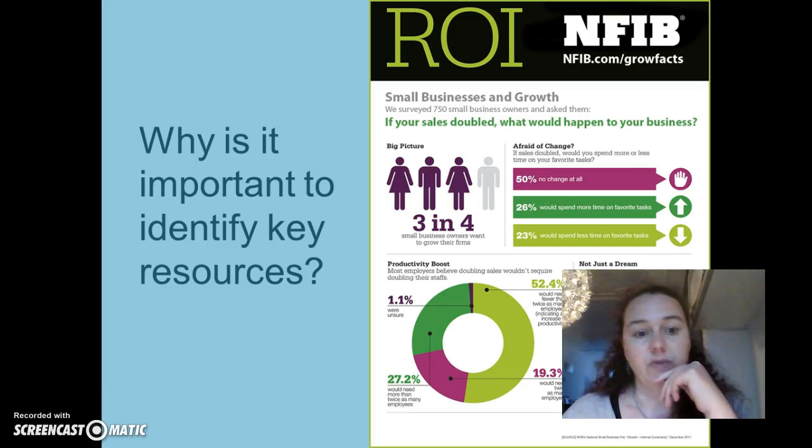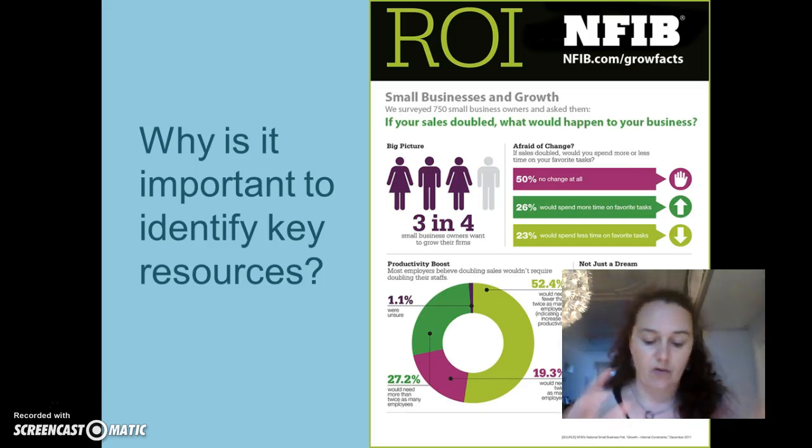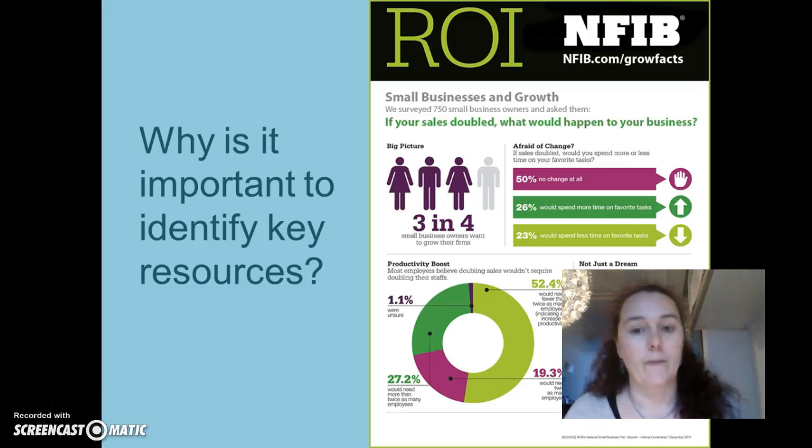Why is it actually important to identify these key resources? Not just for where you are at a specific moment, but also looking to the future, because most businesses have the intention to grow. And then it's really important to identify what would happen if your sales or your turnover would double. What would that mean to your business?